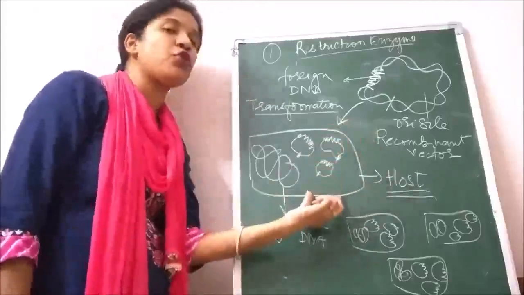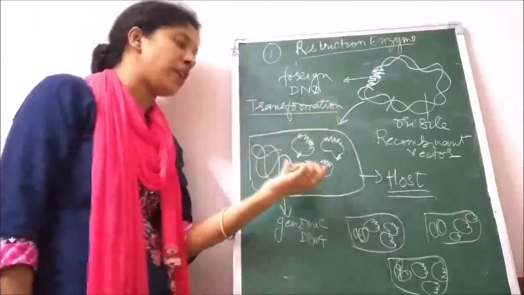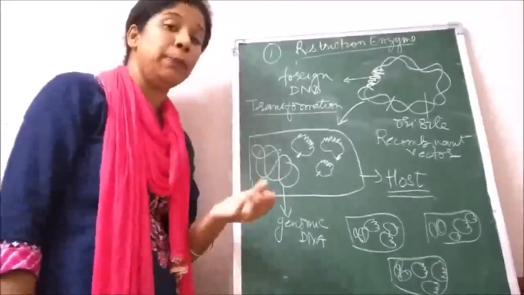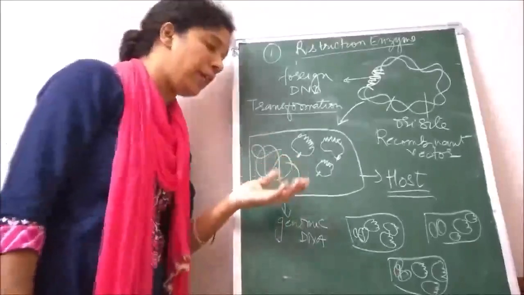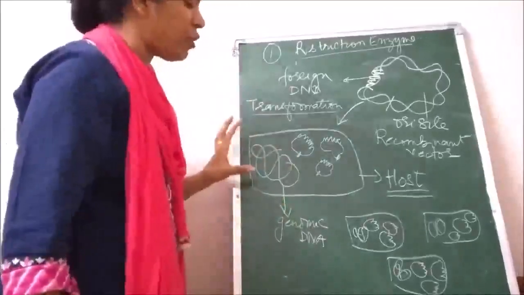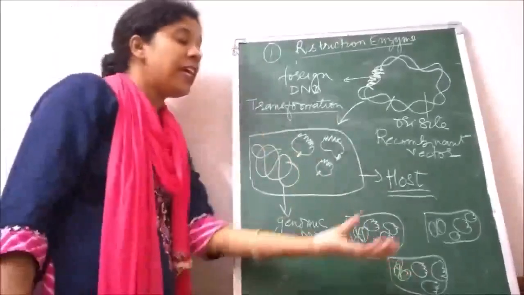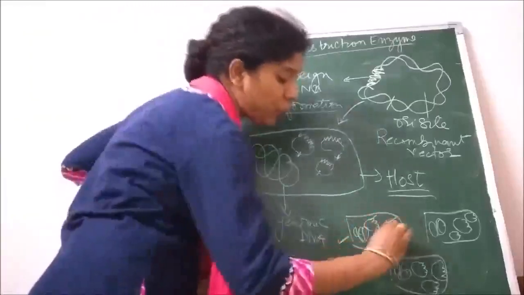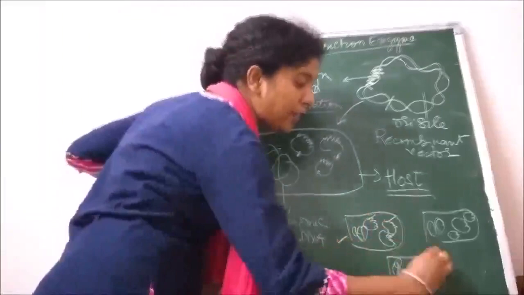Once they are introduced into the host cell through transformation, they increase their copy number by repeated replication or multiplication. And when this host cell divides into progeny cells, be it millions of cells, every cell is going to have these recombinant molecules having the desired gene.